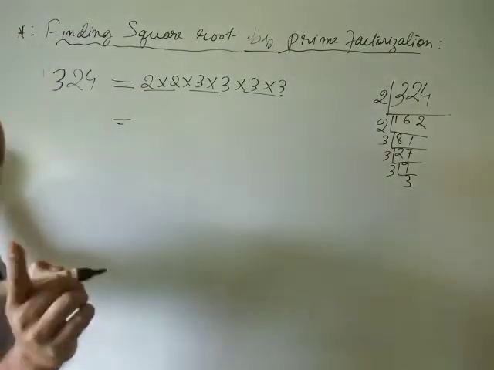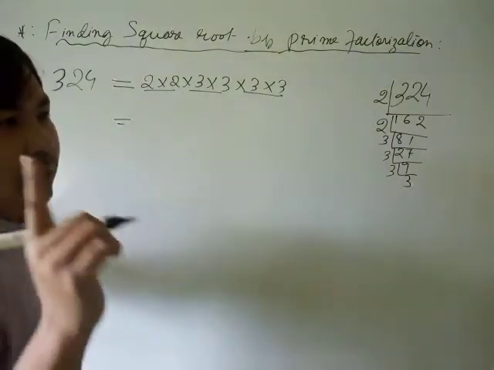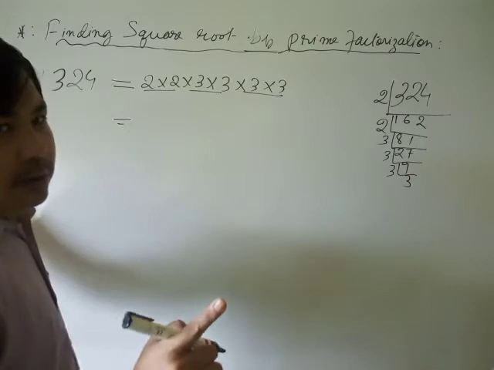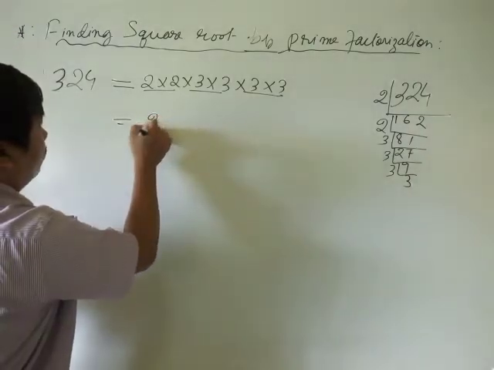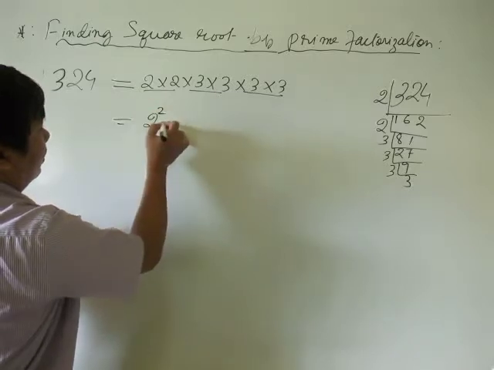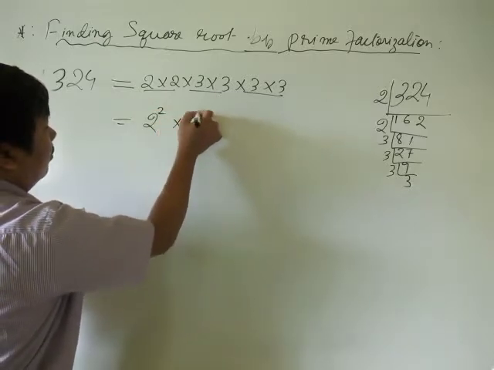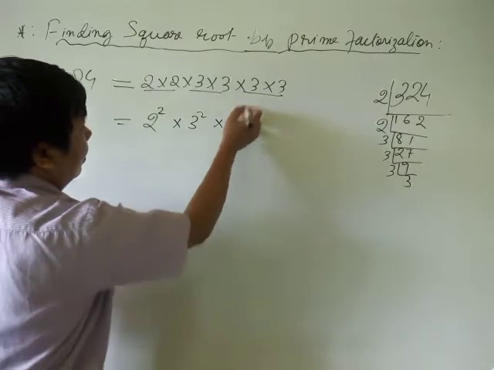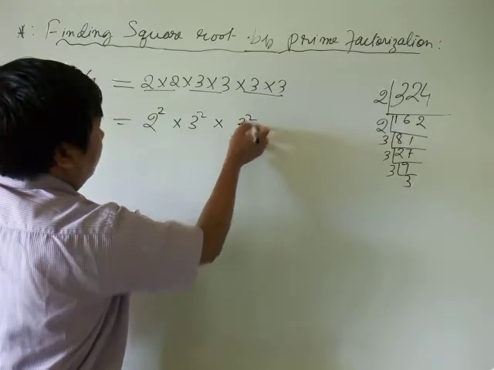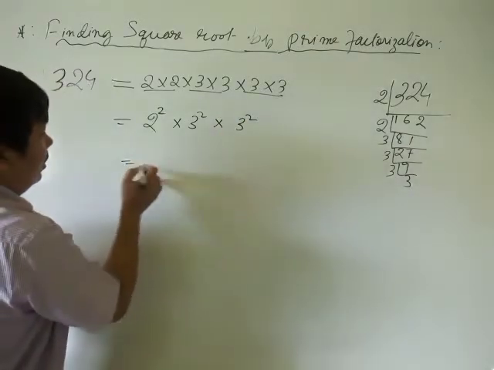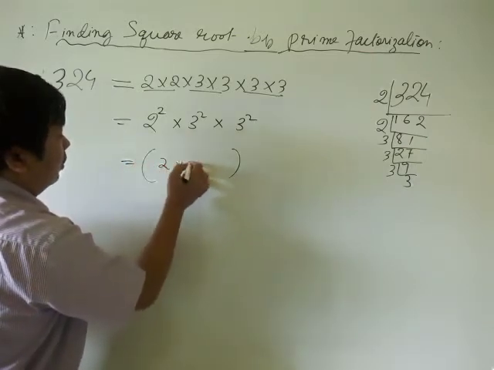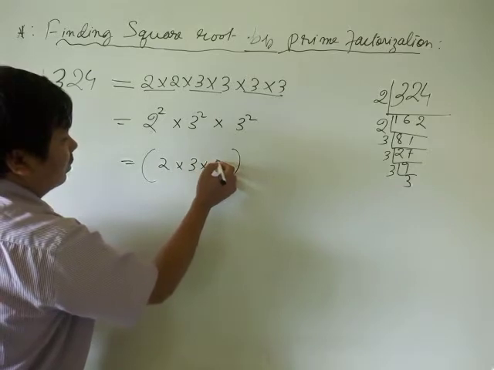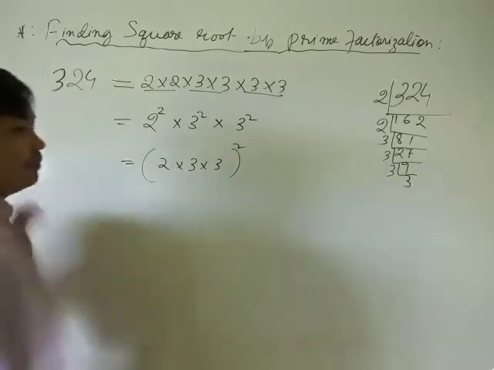We can pair the numbers, two at a time. Then how can we write them? 2 square, then 3 square, another 3 square. So this can all be written as a whole square: 2 into 3 into 3, whole square. Understand?